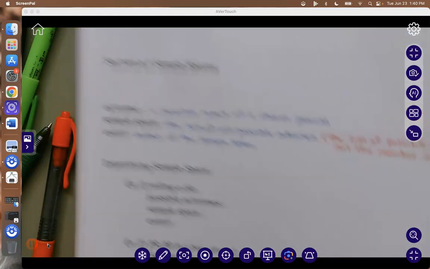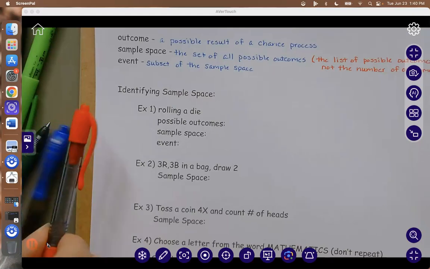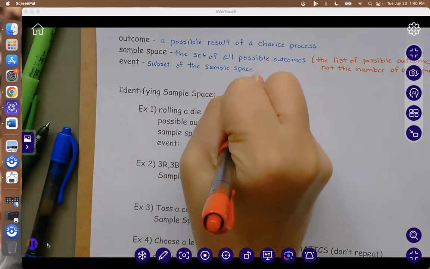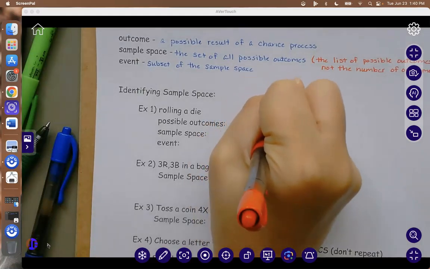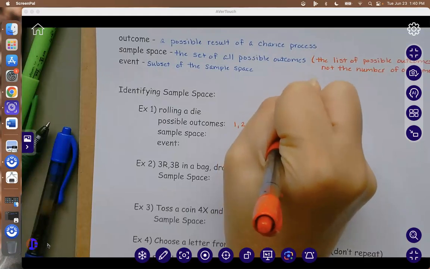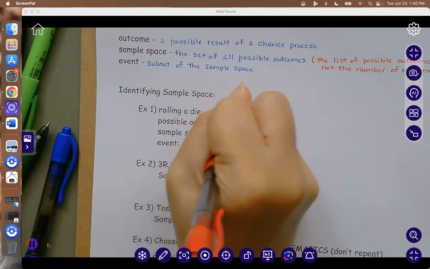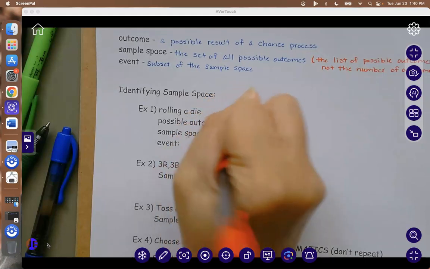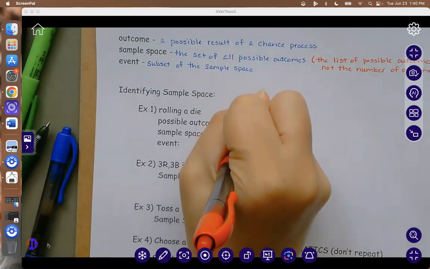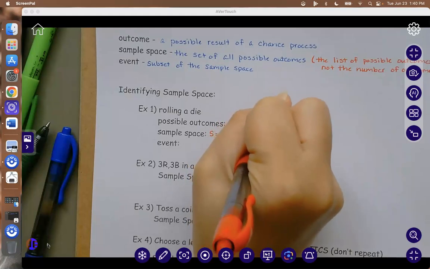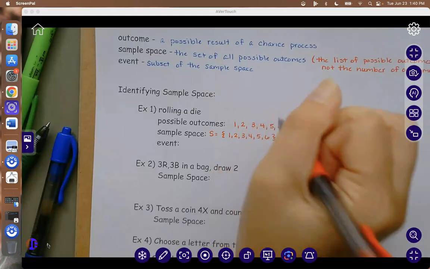Okay, so we're going to identify our possible outcomes. So my possible outcomes would be 1, 2, 3, 4, 5, 6. But if I want them written as a sample space, it's a little more formal. So you put an S and then you put them inside of the braces here. And that tells you this is my sample space.